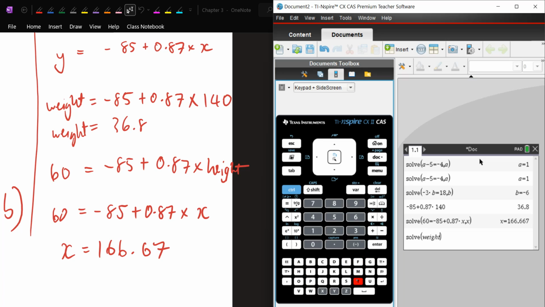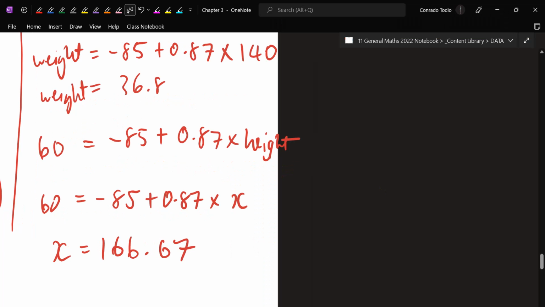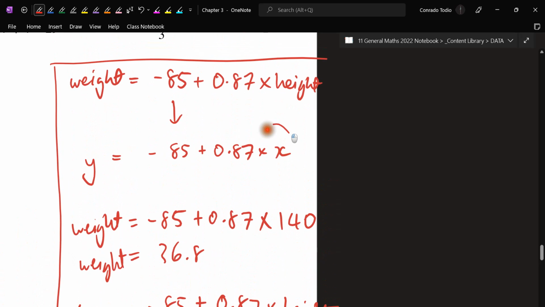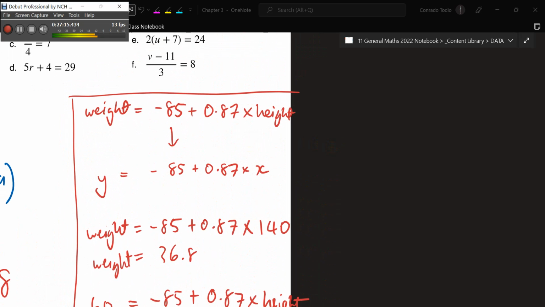It stays in italics. That means this won't work. It has to be just X or Y. When you do these solve functions, understand how to use some aspects of it, and that you might be asked to solve not just for the X variable but for the Y variable every now and then. So just get used to that. All right, that is it.